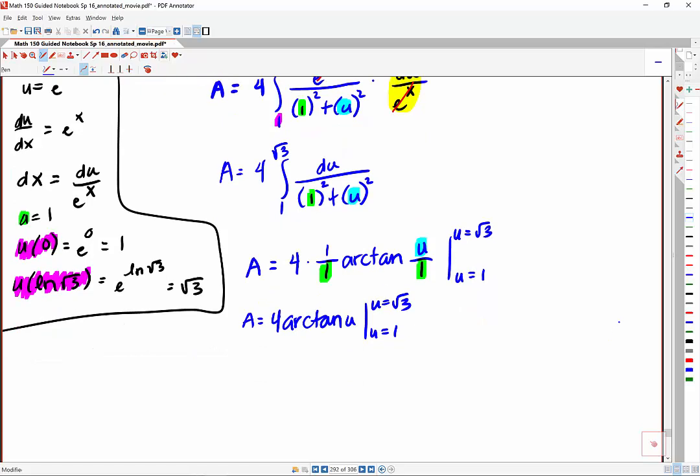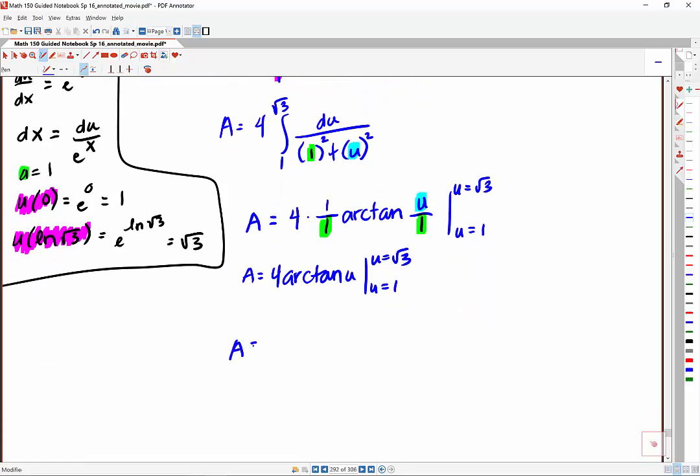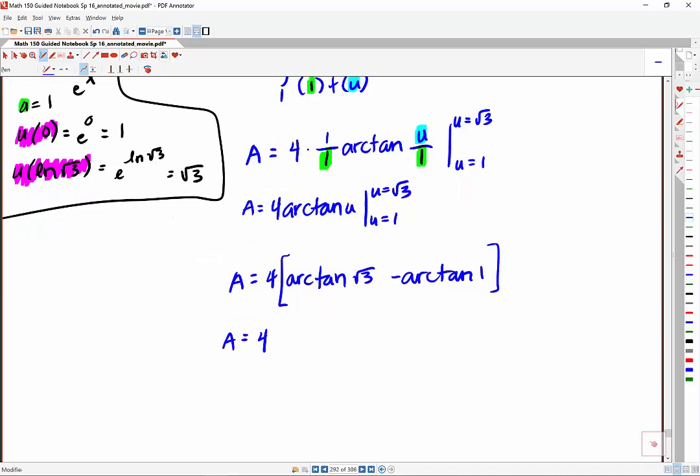So we will get our area is 4 times arctangent of root 3 minus arctangent of 1. So the area will be 4 times, what was arctangent of root 3 again? Good, pi over 3 minus pi over 4.